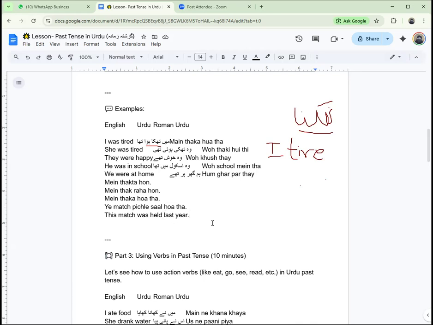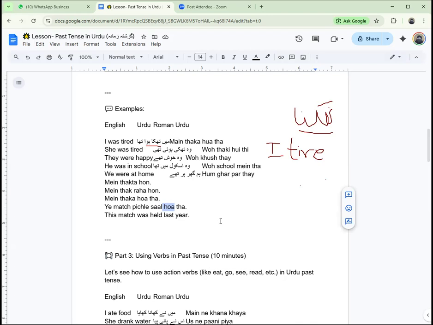So when something has happened, we use hua. Happened in the past. The situation will be in the past and the action done. We add the word हुआ there. ये मैच पिछले साल हुआ था.